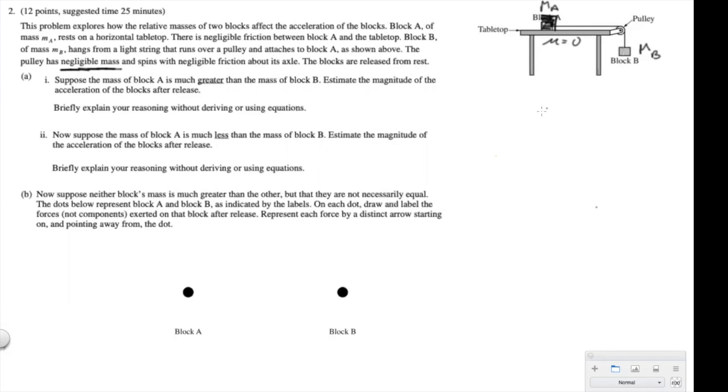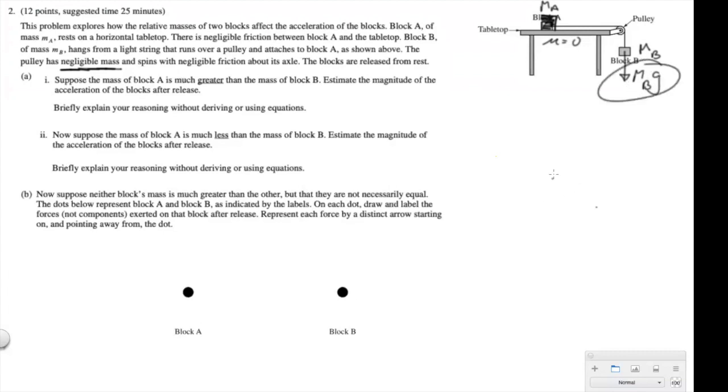Well, the thing to realize, the net force that accelerates this system, and by system again, I mean these 2 blocks together, the net force accelerating the system comes from the force of gravity on block B. Gravity is pulling block B down. And by the way, that force of gravity is just the weight of block B, mass of block B times gravity.